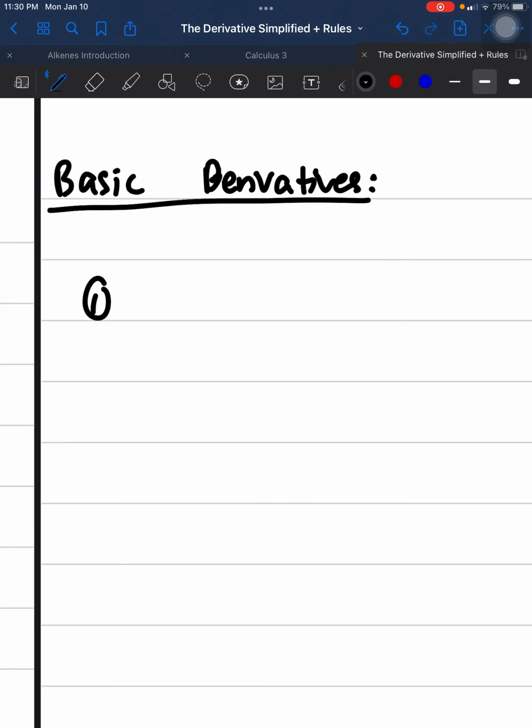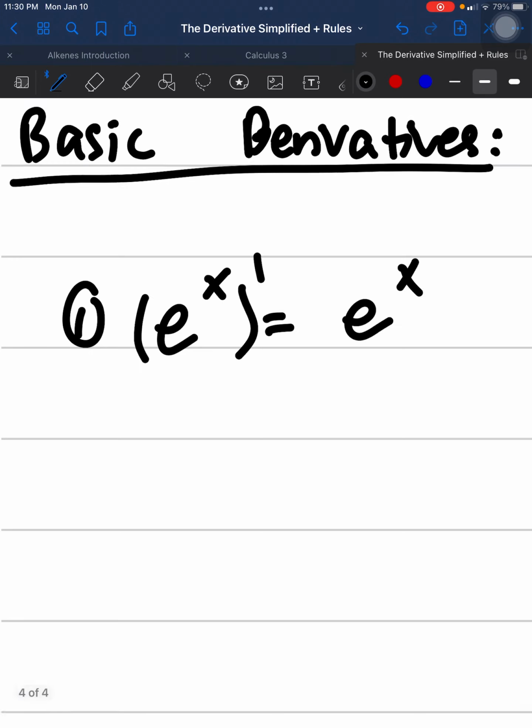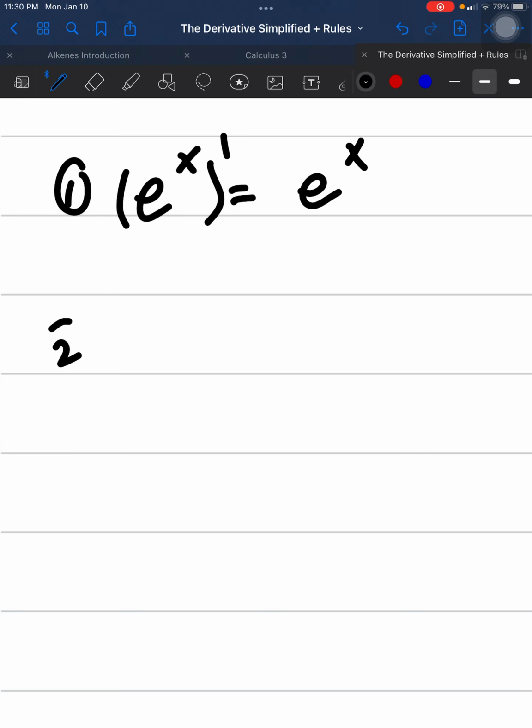So I'm gonna go into some of the logarithmic derivatives. So the derivative of e to the x is just e to the x. The derivative of a to the x, and a is any real number, and it's basically an exponential function. I would say actually any real number greater than or equal to 1.